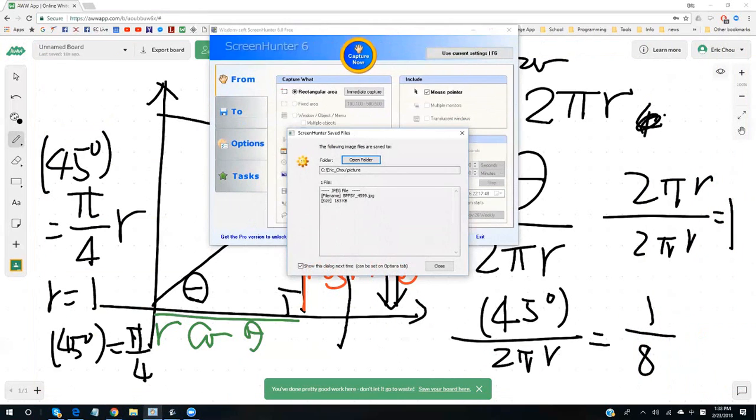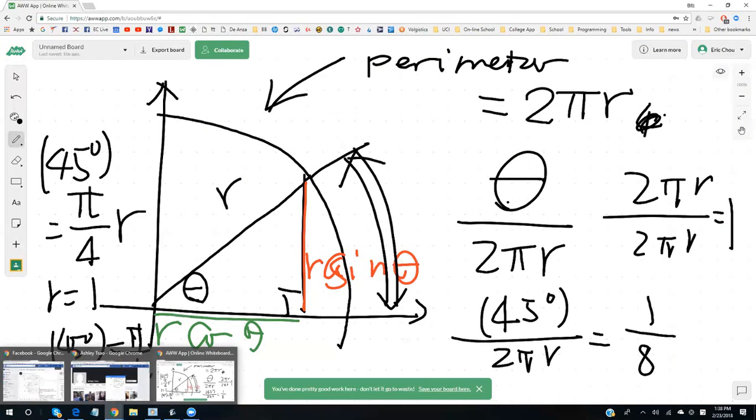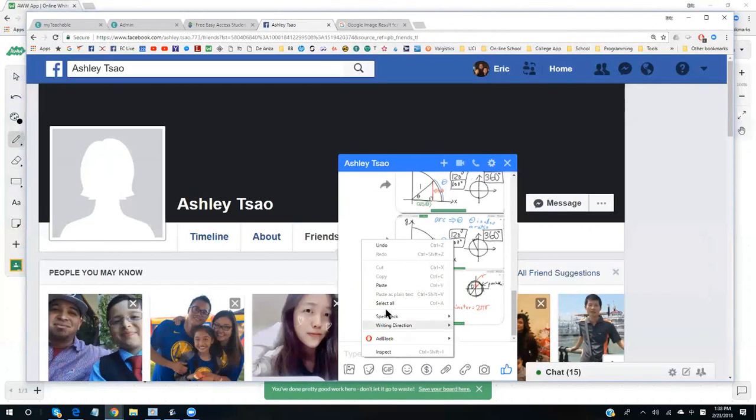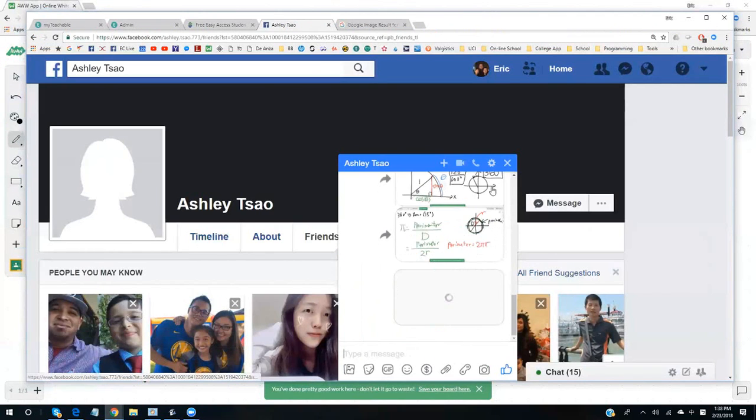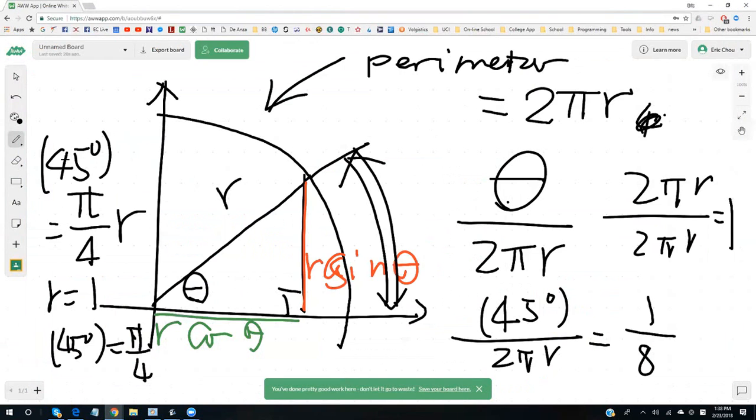Now comes the definition. So let's look at the definition. Okay, this is very important. I'm going to erase this.